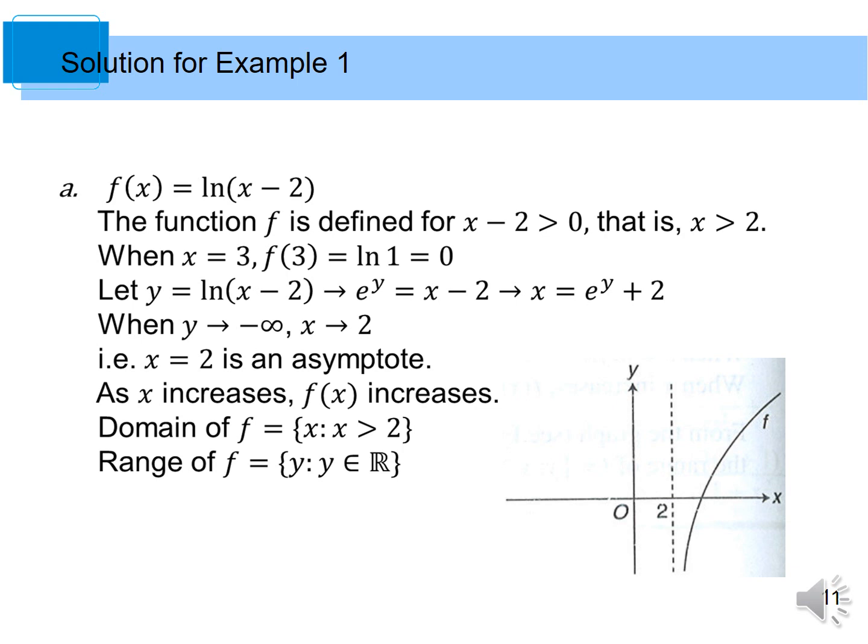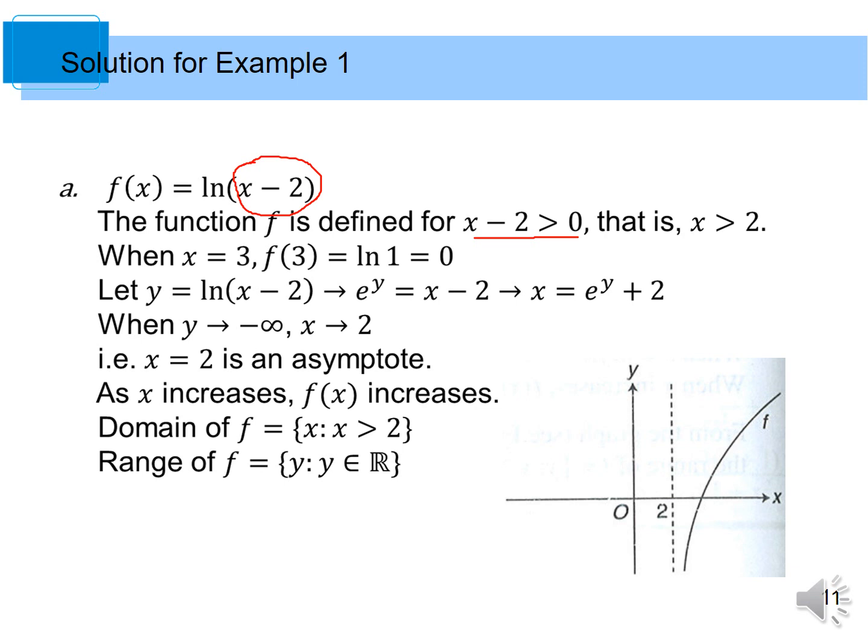The value of x minus 2 cannot equal 0, because when x minus 2 is equal to 0, this function is undefined. So we should set x minus 2 greater than 0, so we can obtain the x domain: x should be greater than 2.